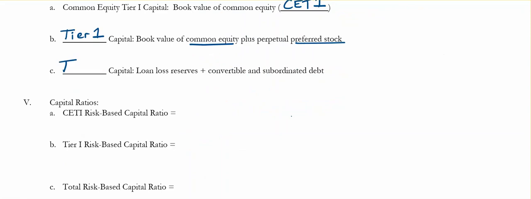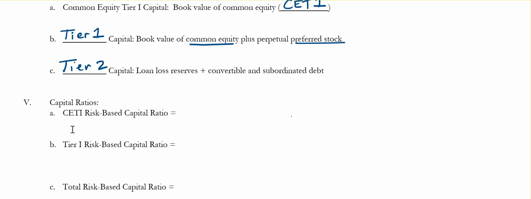Tier 2 capital is primarily loan loss reserves and convertible and subordinated debt. So these are equity-like, but not exactly equity. You think about subordinated debt, this is junior to senior debt, and therefore there's a greater chance of it defaulting, or not getting paid, and so it's more like equity than other bonds.